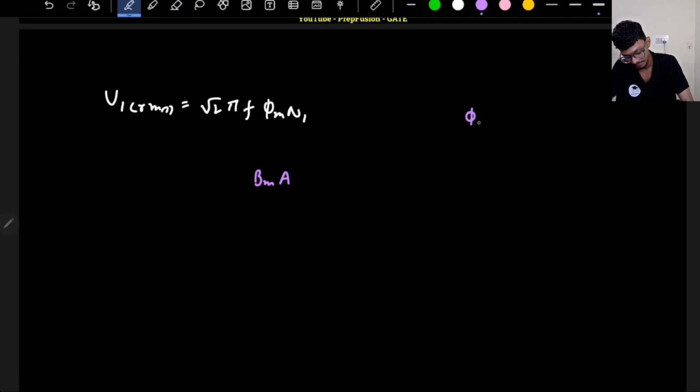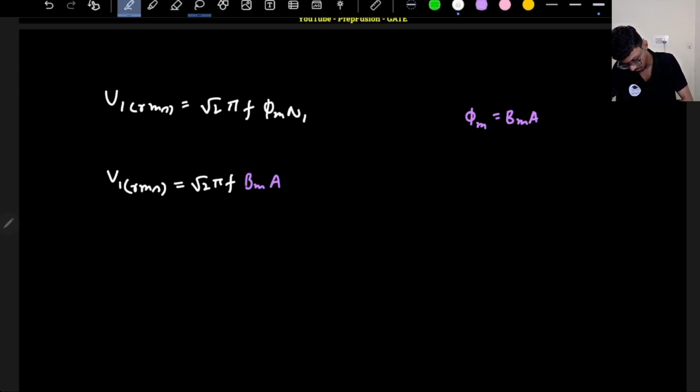Phi m is equal to Bm into A. So my V1 RMS will be root 2 pi f Bm into A into n1.